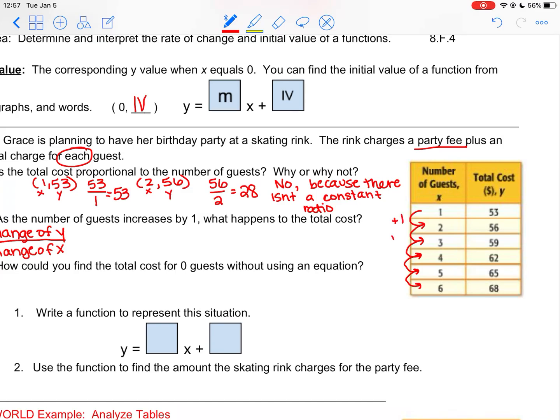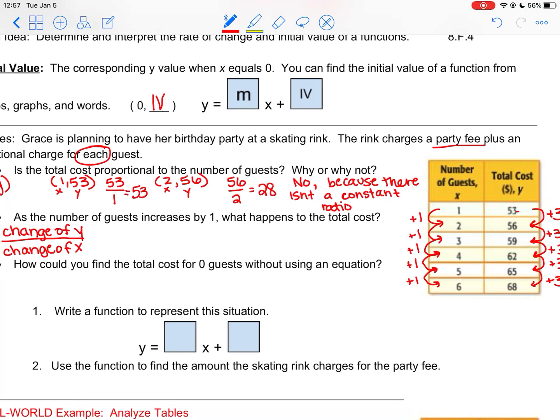If I look down through my x values, I notice that each time it's going up by 1. As the number of guests increases by 1, we need to know what's happening to the cost. For my first jump, it's going from 53 to 56, so that's going up by 3. Then from 56 to 59 goes up 3, 59 to 62 goes up 3, and that pattern continues.